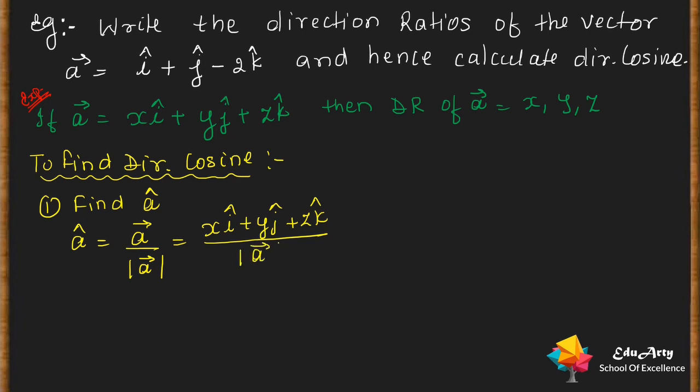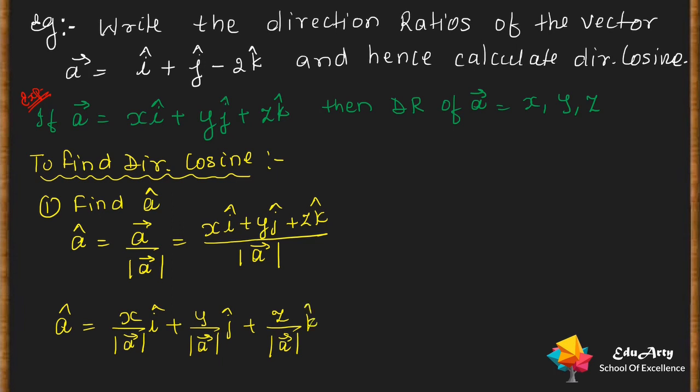If I separate each term, a cap is equal to x by magnitude of a vector i cap plus y by magnitude of a vector j cap plus z by magnitude of a vector k cap. We can say that, right? Now, what are the scalar components of a vector? Tell me.